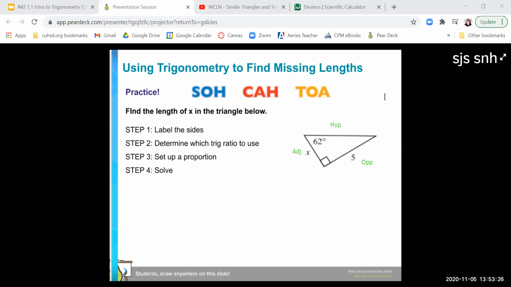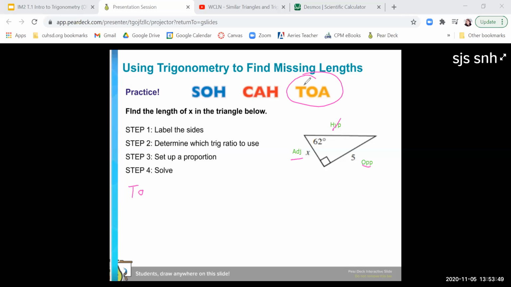Now first step done. Now we have to determine which trig ratio to use. This time we're not going to use the hypotenuse, since it has nothing for us. We're going to use opposite compared to adjacent. So which one has O and A? That would be tangent this time. Now I set up my proportion.